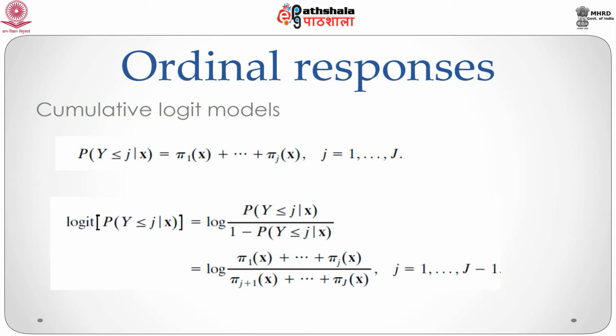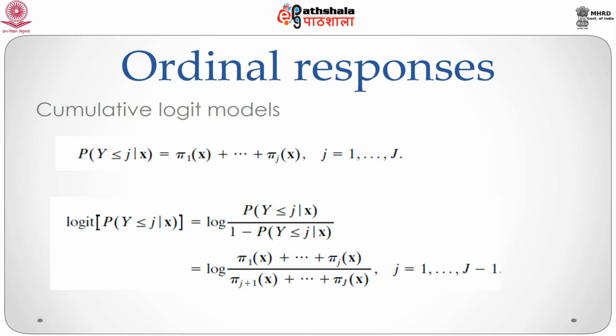Probability y less than or equal to j given x is the sum of the probabilities pi_1(x) and so on up to pi_j(x), for j equal to 1 to capital J. The cumulative logit model is then represented by logit of probability y less than or equal to j given x, which is equal to log of probability y less than or equal to j given x by 1 minus probability y less than or equal to j given x.